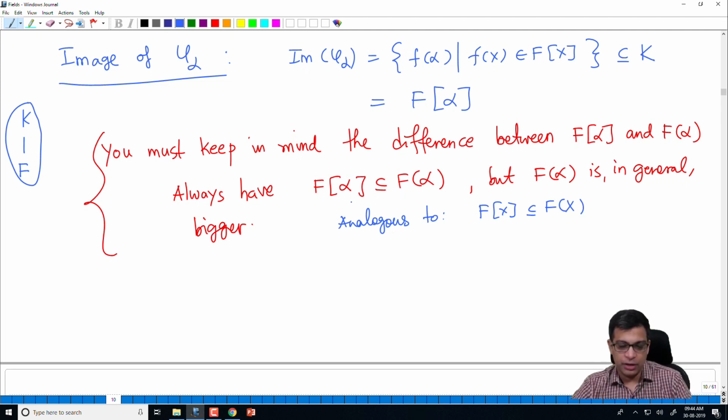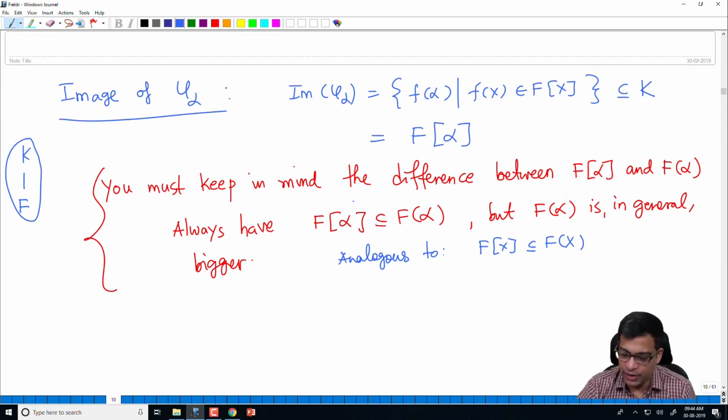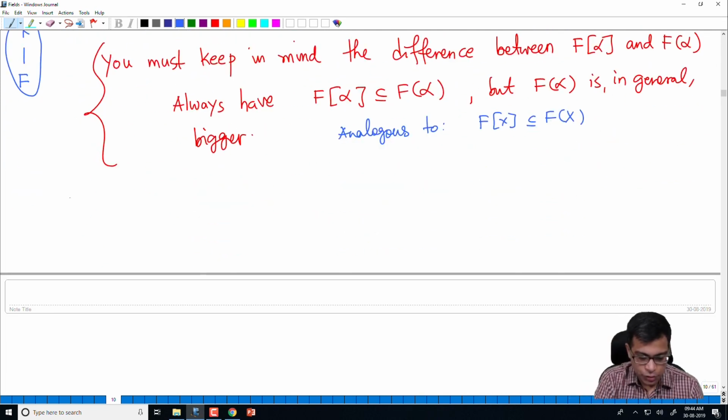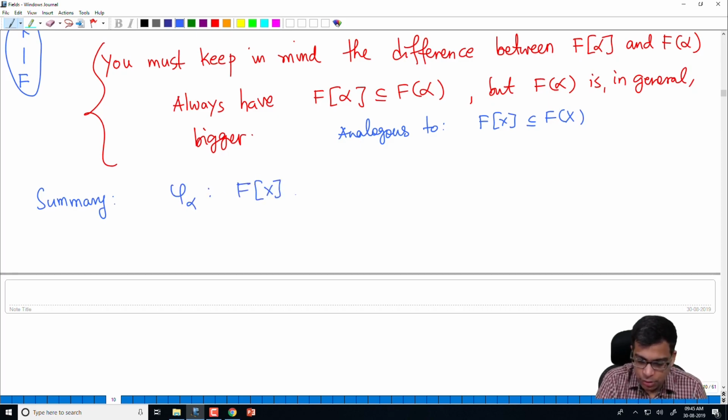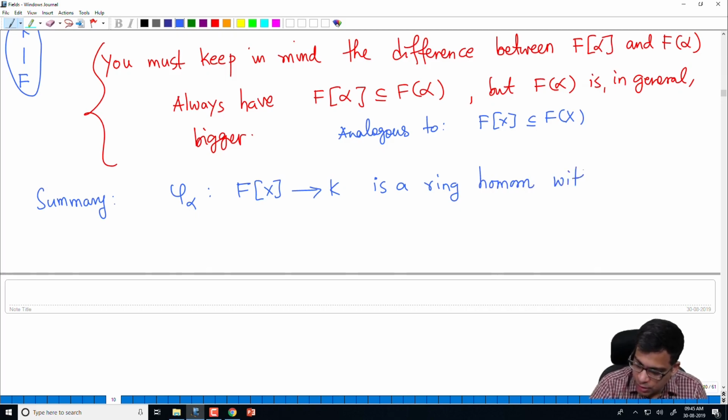The image of phi alpha is F[alpha]. So what do we have now? The summary is that phi alpha from F[x] to K is a ring homomorphism with kernel.